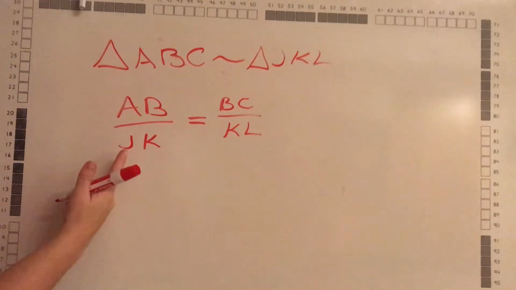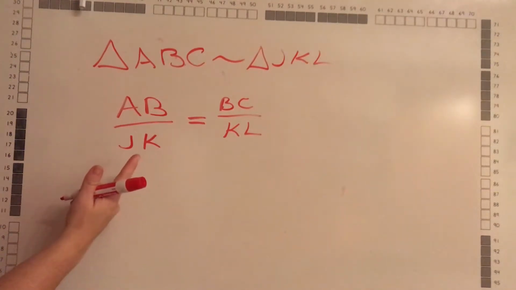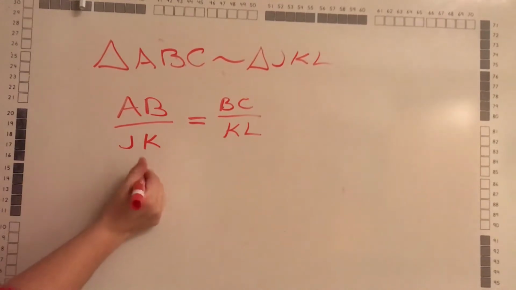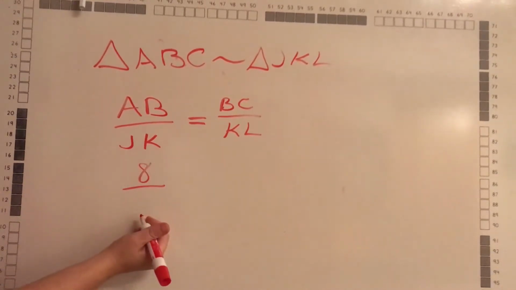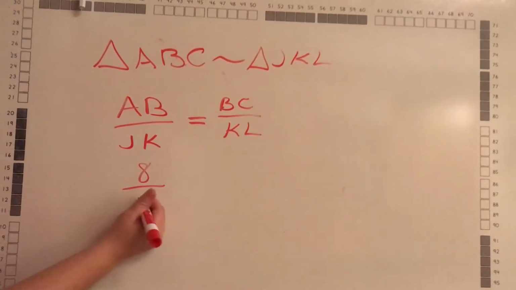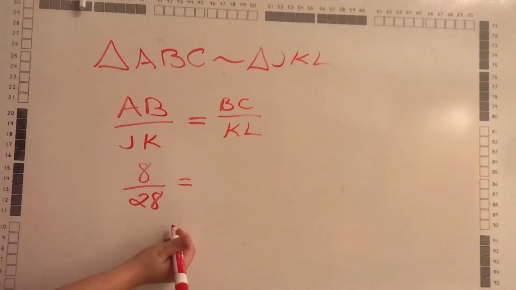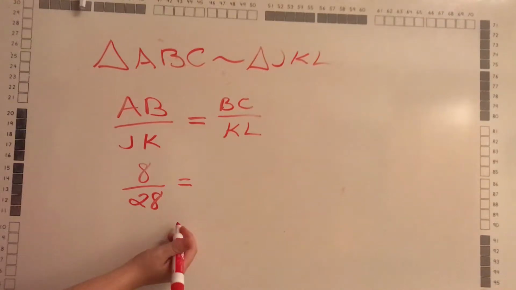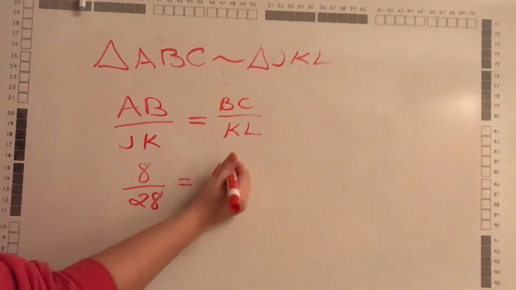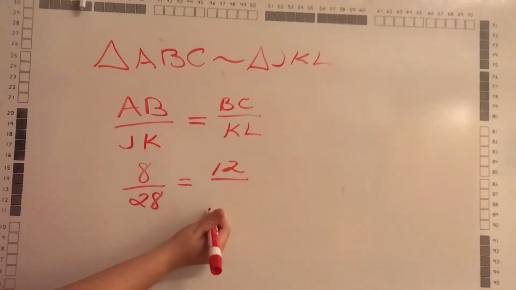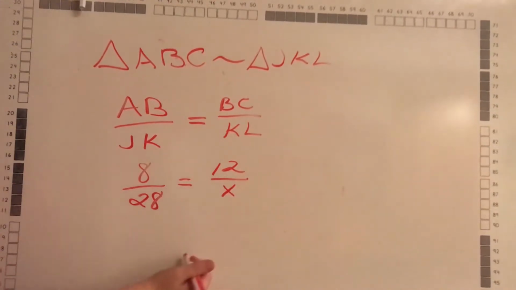So let's put some numbers into our lines. AB, if we look at our triangle, is 8, and JK is 28. On the other side, we see that BC is 12, and KL is our unknown.